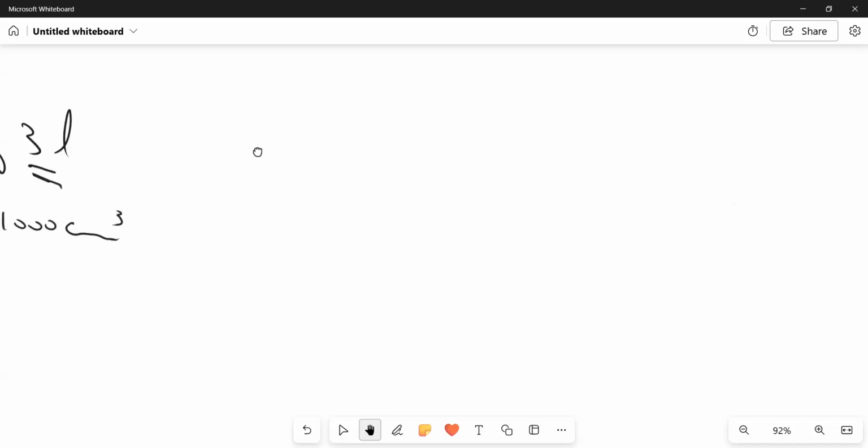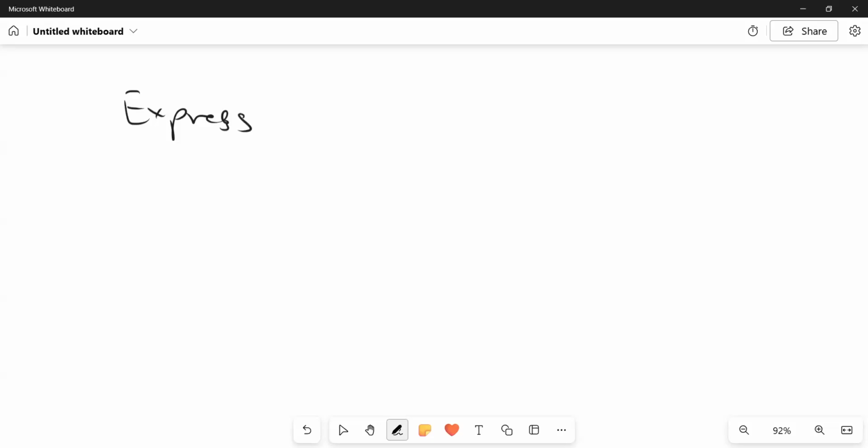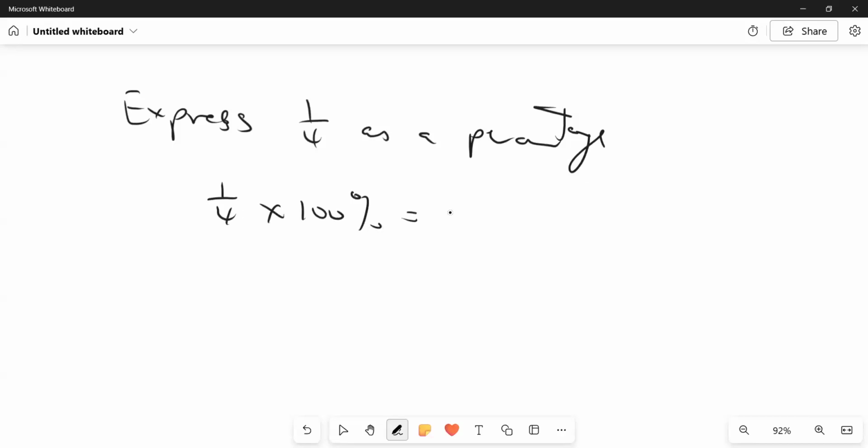Then there was another one. Let's say you want to express a quarter as a percent. Some people say percentage, some people say percent, right? But you put a quarter, multiply by 100%, and what do you get?